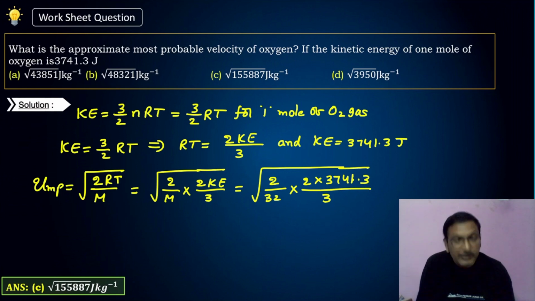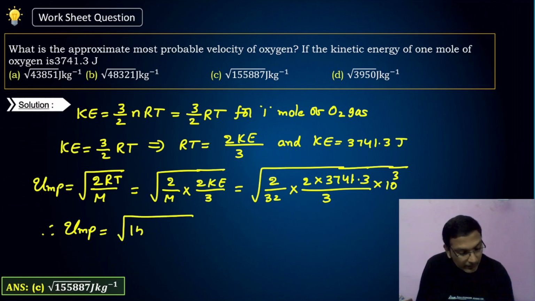Here 32 is in grams; we can convert 32 grams into kg, so it becomes 10 power minus 3 in SI units. Therefore most probable velocity is root over 155,887 joules per kg. Therefore, option C is correct.